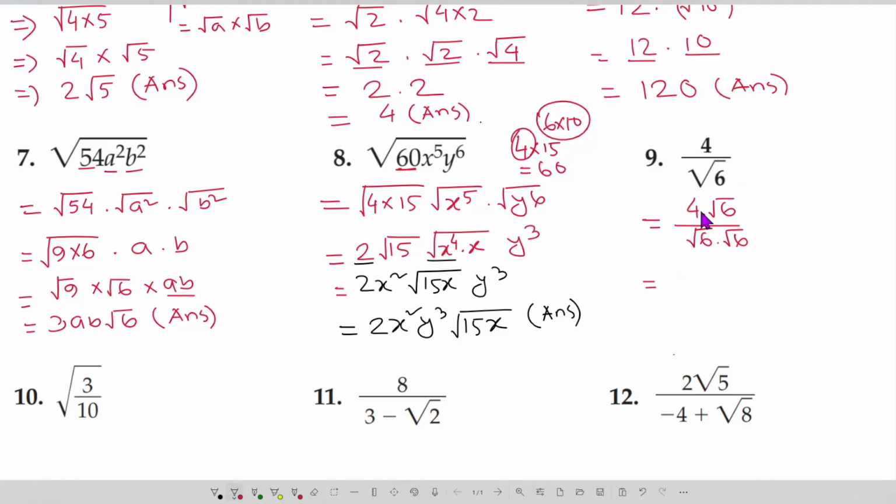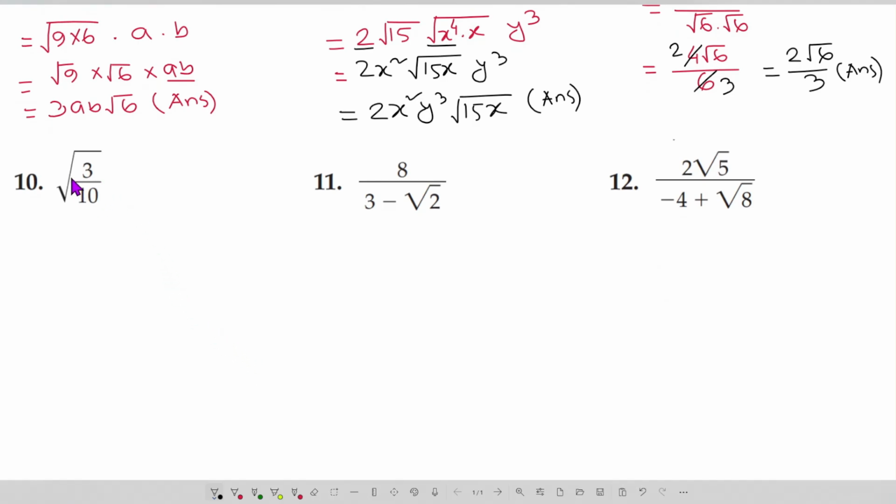Now 4 root 6 over root 6 times root 6, which will be 6, and this is our answer. If you want, you can simplify this more by dividing denominator and numerator by 2. So 2 root 6, and once you divide 6 by 2, here is 3. So our answer is 2 root 6 by 3. This is our answer.